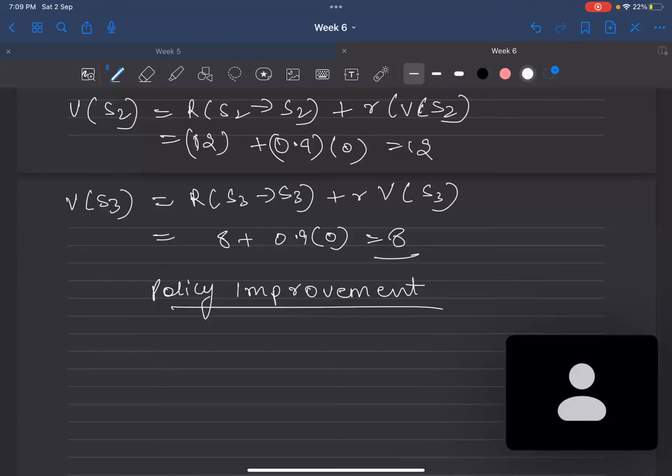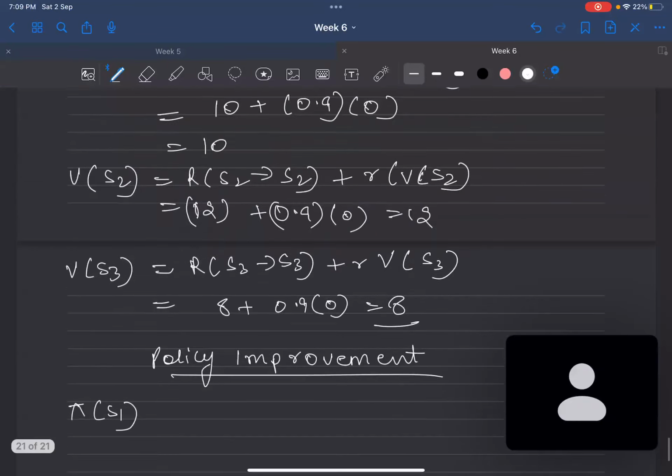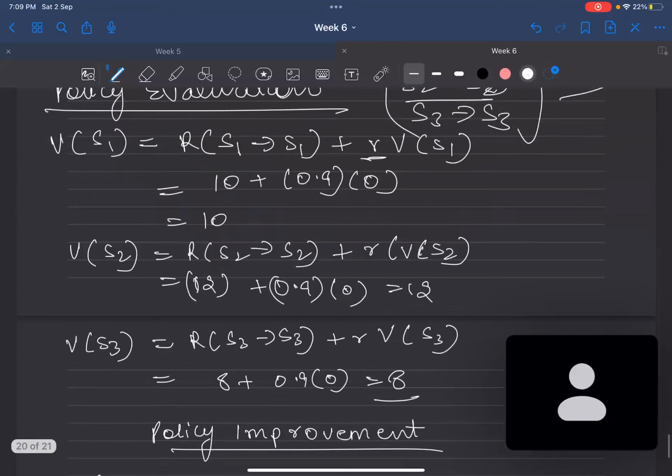Let me say it: the latest values which are calculated in the same iteration are used in the same iteration. Can I say it as asynchronous? Yes, asynchronous. Okay, I'll first do it and then I'll explain again. First of all, we have finished the policy evaluation. Now I'm going to do the policy improvement.